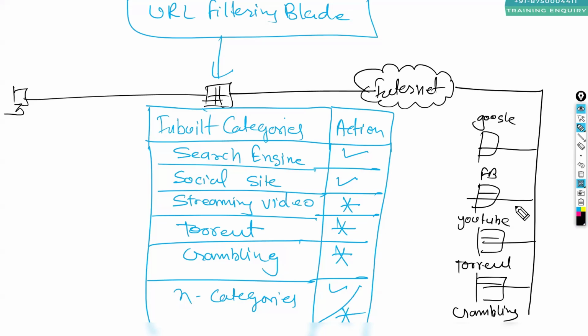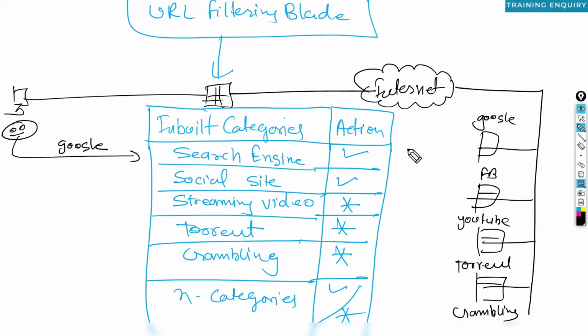Then what will happen? If we have a user inside the network who wants to communicate with Google, Google is allowed, the request will be forwarded to the server, and the user will get the reply. Same here, if the user says I want to access Facebook, that will be allowed.